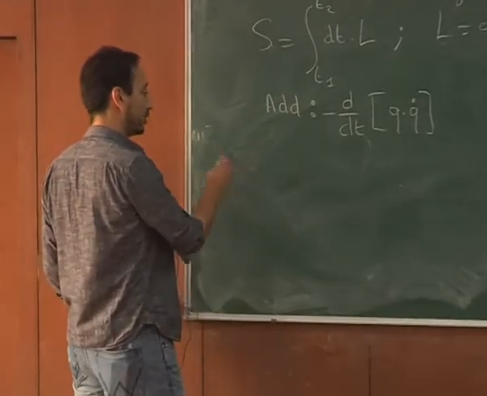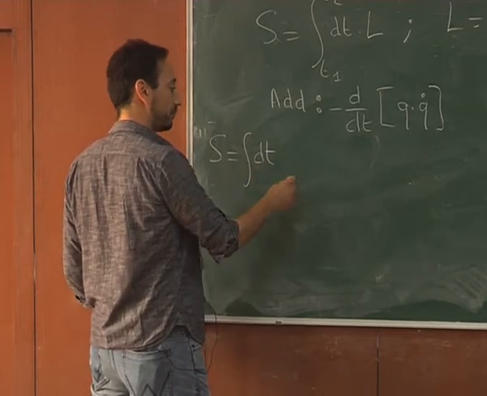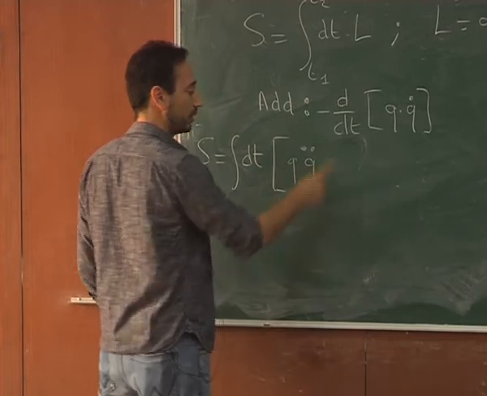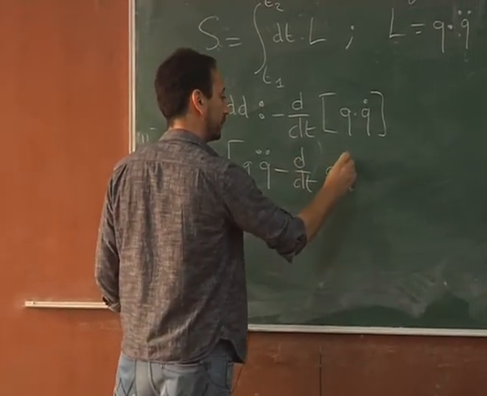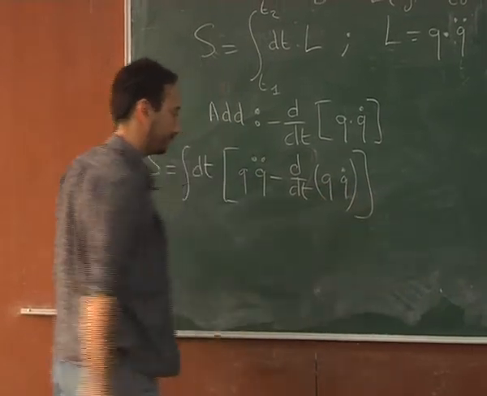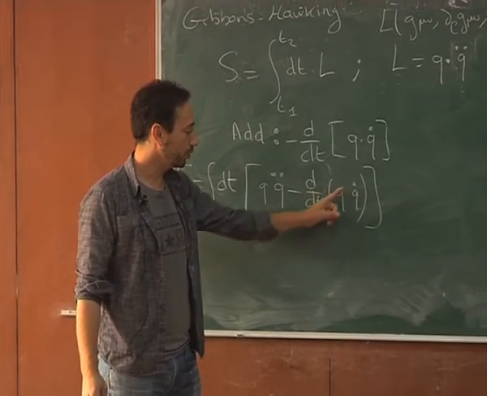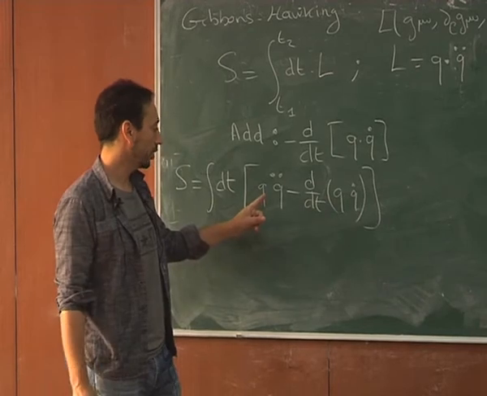So what is my new Lagrangian? My new action is the initial Lagrangian, q double dot, minus this. Now if I do the calculations of that, I will get minus q dot squared and minus q double dot, which is going to cancel.